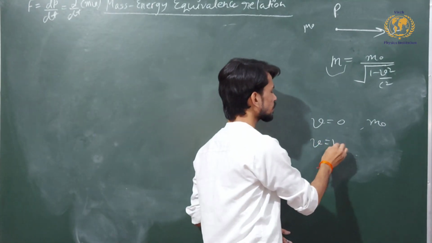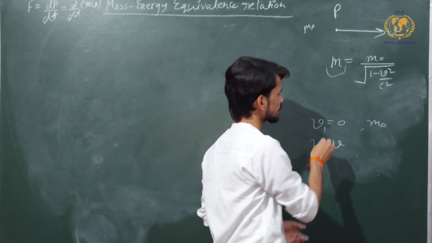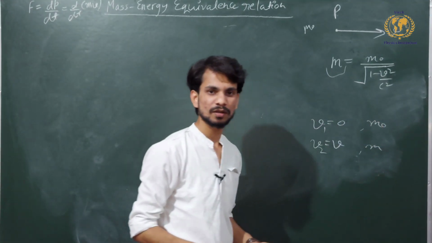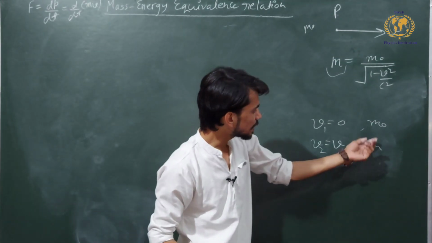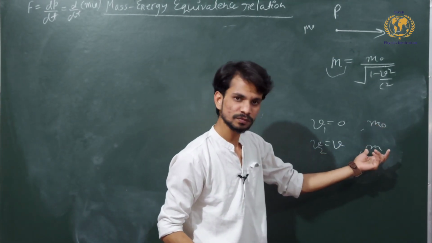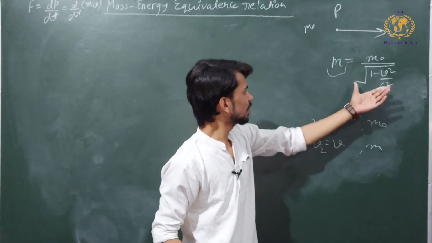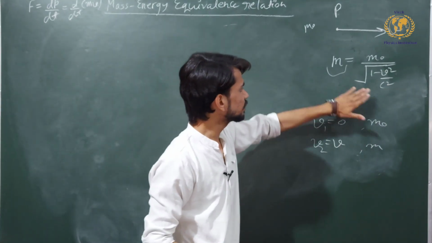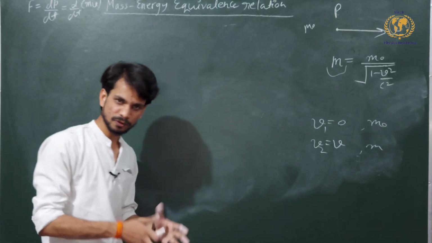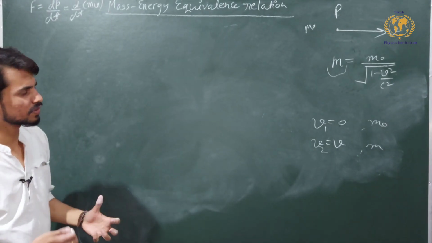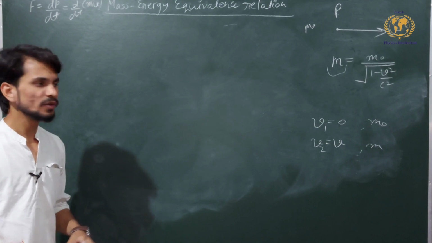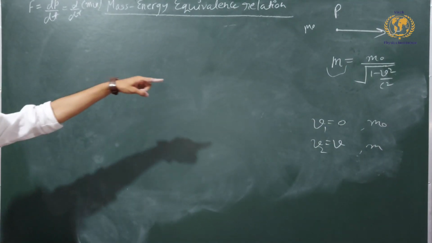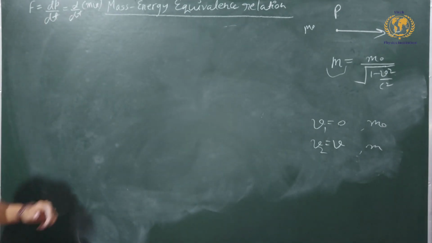When its velocity becomes v2 equals v, its mass becomes m. So the variation of mass from m naught to m according to velocity is given by this formula, which can be derived from the postulates of the theory of relativity. In the next video we will derive this formula, using the same conditions.